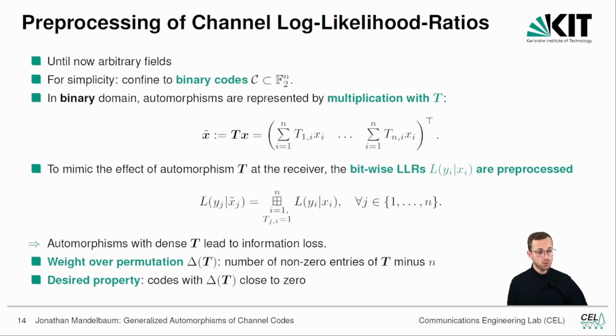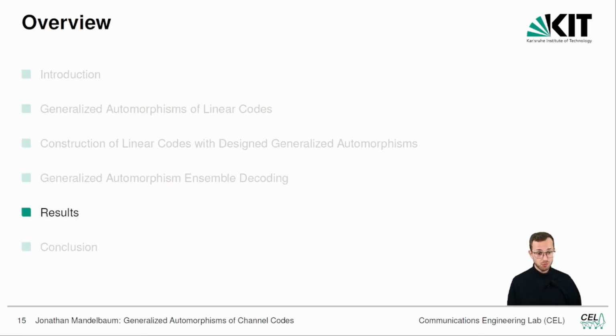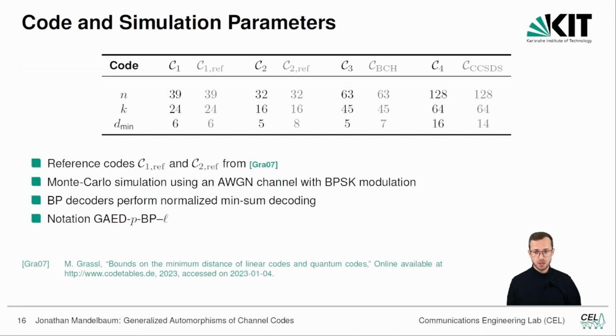Therefore, if we construct a code, usually we would construct a code with a certain permutation automorphism group. However, later we're going to see that if we look for automorphisms of existing codes, the more general definition will also be helpful. This brings me now to the results.